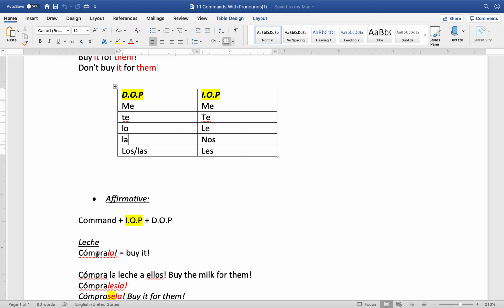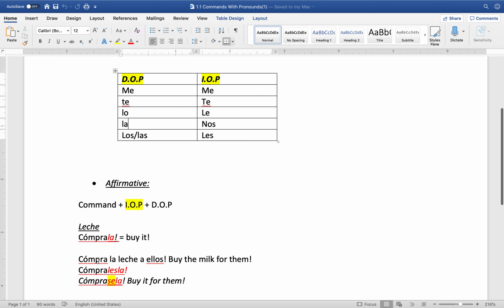When you figure out who you're giving the command to, you get the verb and convert it into a command, and then you attach the direct and indirect object pronouns. Here it doesn't say for whom you're going to buy, right? Cómprala. Cómprala is buy it, but it doesn't say for whom you're going to buy, all right? So you don't need the indirect object pronoun.